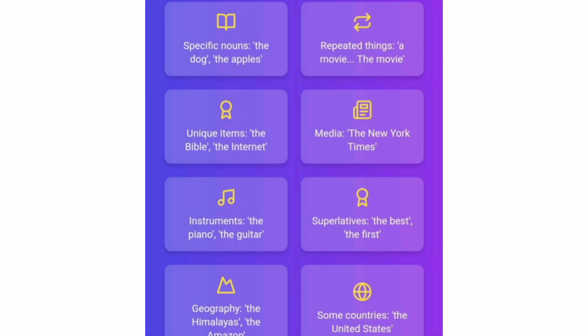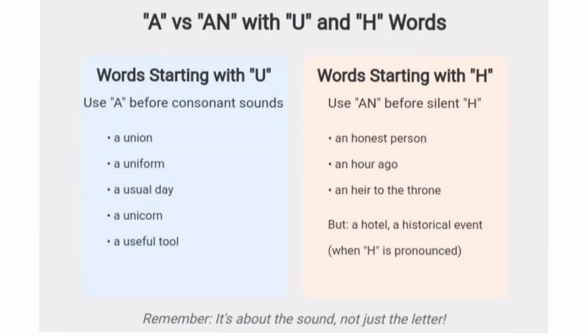So, the difference between "a" and "an" with U and H. Words starting with U, for example, union, uniform, usual, unicorn, useful.